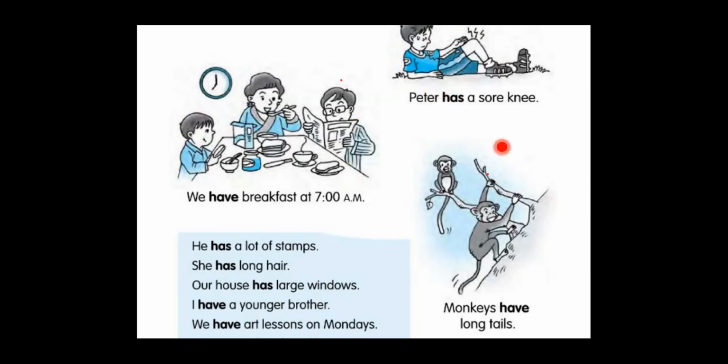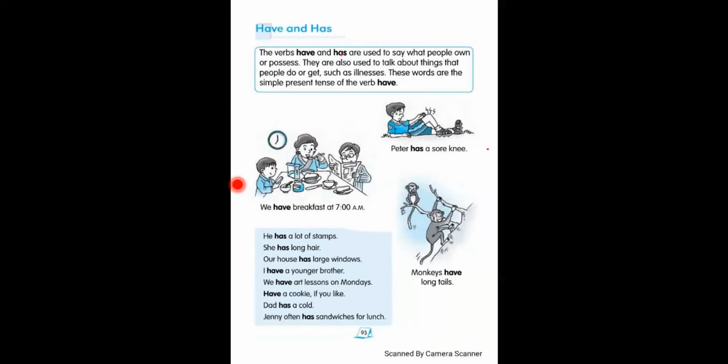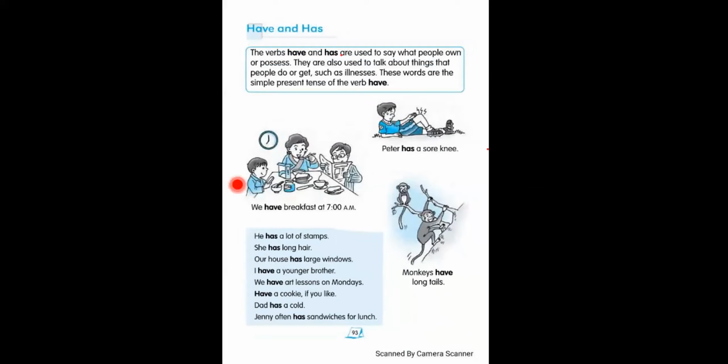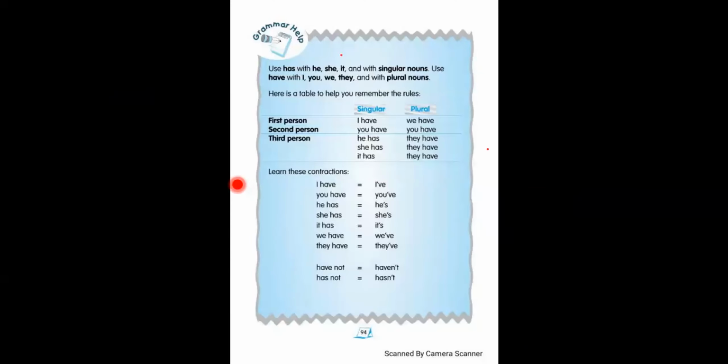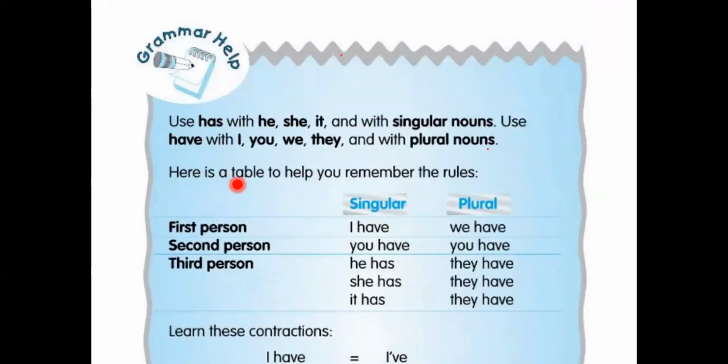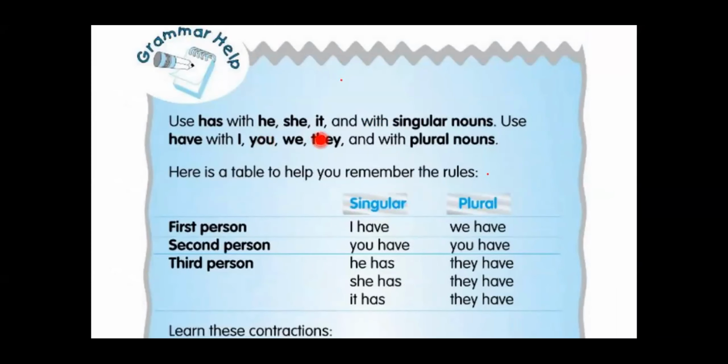When we are talking about a single person, a singular noun, we use has, and have is used for plural nouns. Use has with he, she, it, and with singular nouns. Use have with I, you, we, they, and with plural nouns.